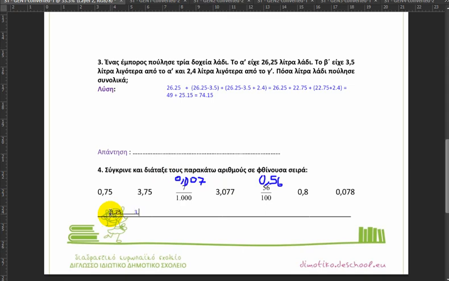Then we have 3.077. Then the next one is, well, they all have zeros in front. So second digit, we have an 8, so 0.8. Then we have 7, so 0.75.